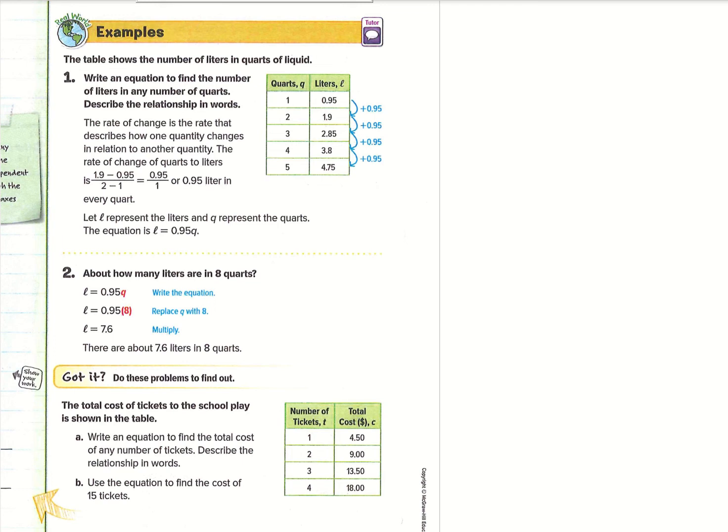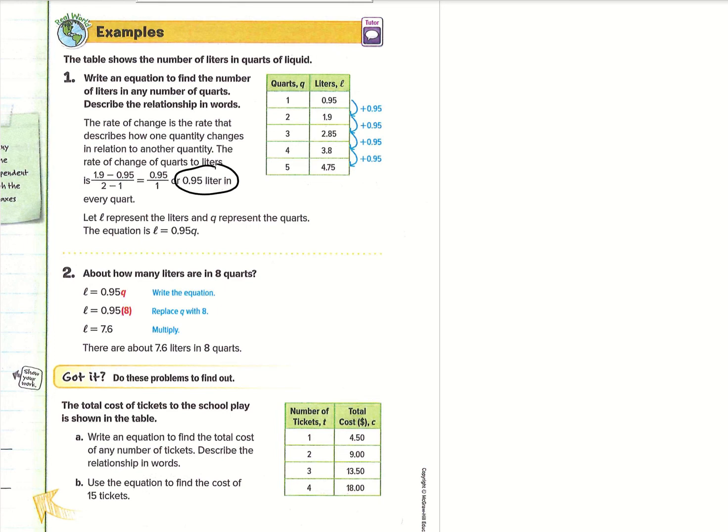This is kind of like what we were doing at the beginning of the last chapter, where we're just looking at the relationship, seeing the rate of change. We can see here the rate of change is 0.95, while the quarts go up by 1 each time.